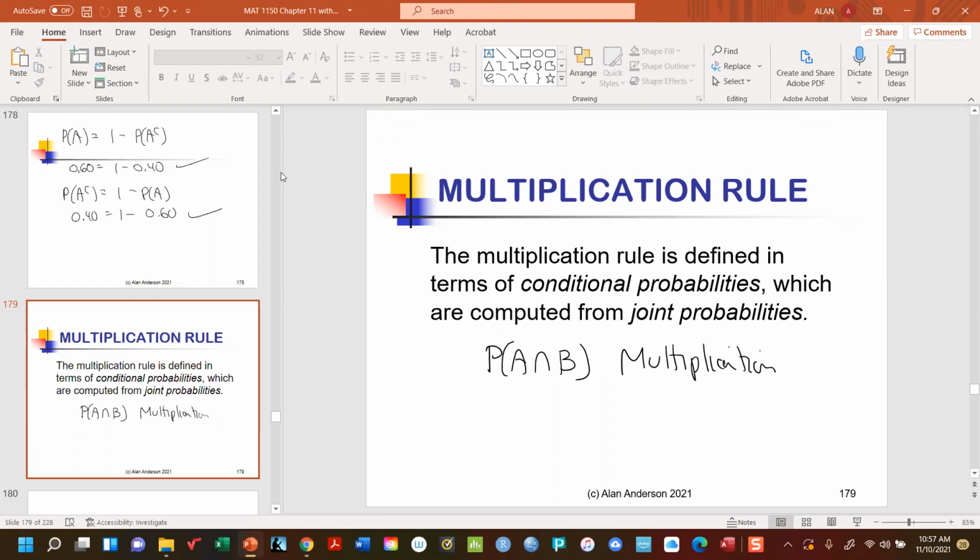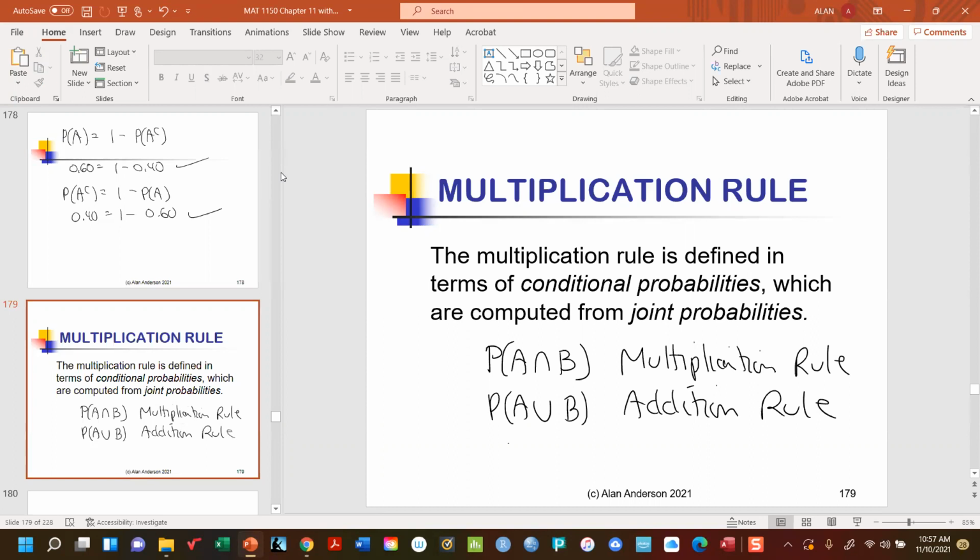If you recall, the union rule, the addition rule, was defined on unions. So just a quick reminder, and of course the complement rule is defined on complements.